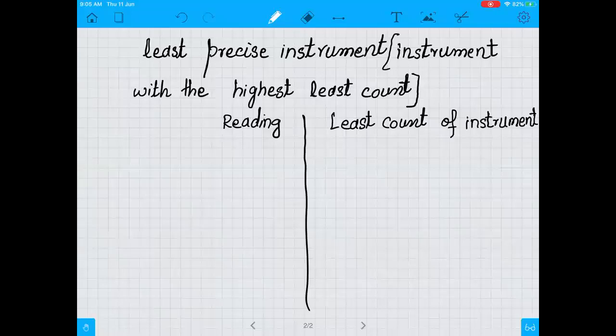You have a number 1234.22, then another number 0.0015, then another number 0.2.